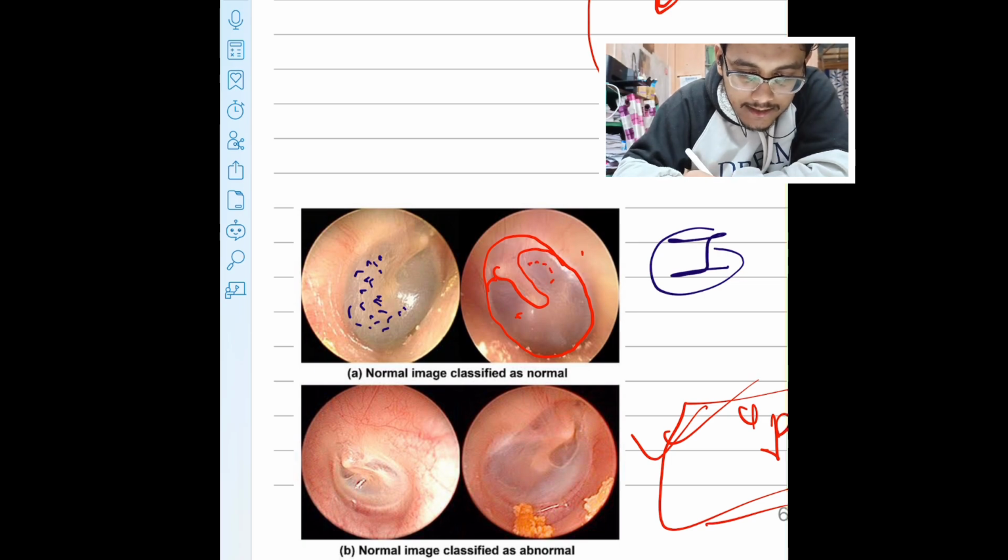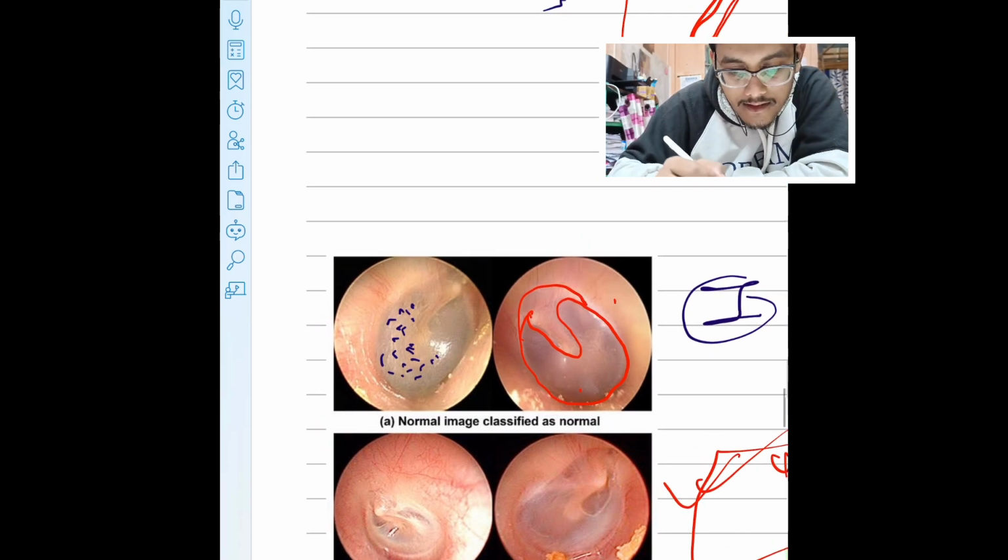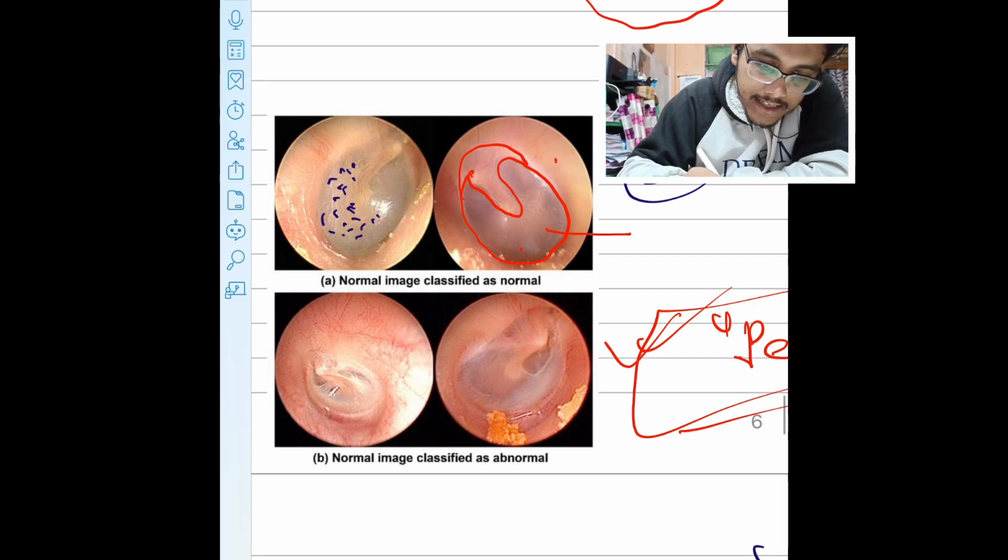I draw it again and again so that you will remember it. This whole area is known as pars tensa.